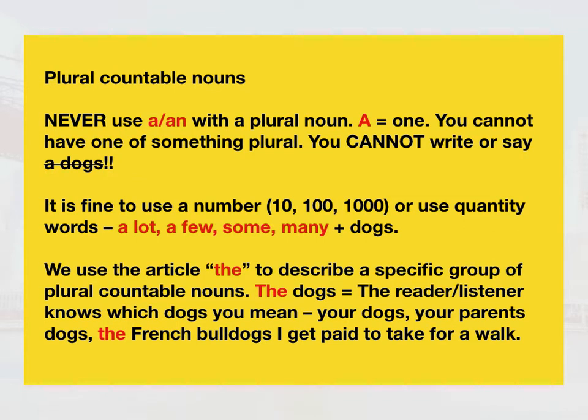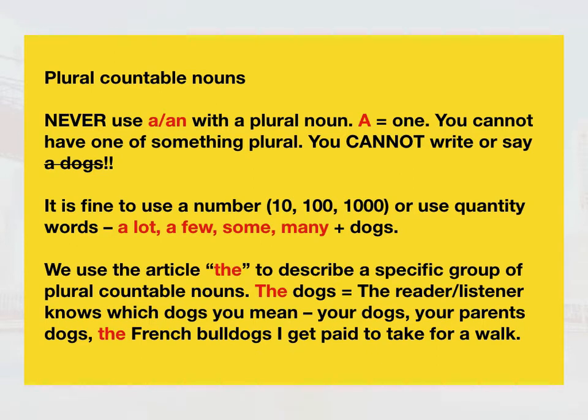As we look at plural countable nouns, we never use a or an because a equals one. You can't have one of something plural, so you cannot say or write a dogs. That's incorrect. It's fine to use a number, 10, 100, 1,000, or use quantity words, a lot, a few, some, many, plus dogs.